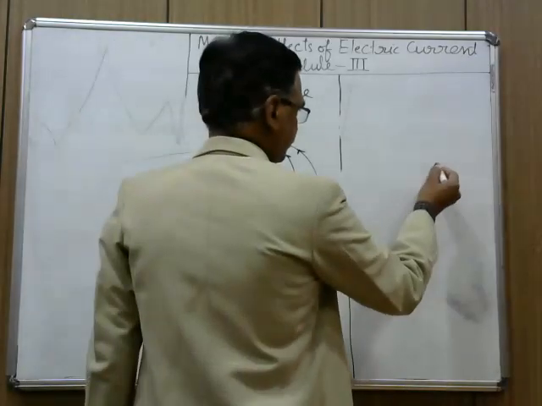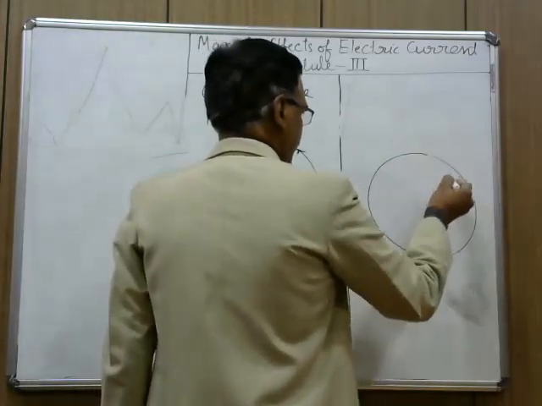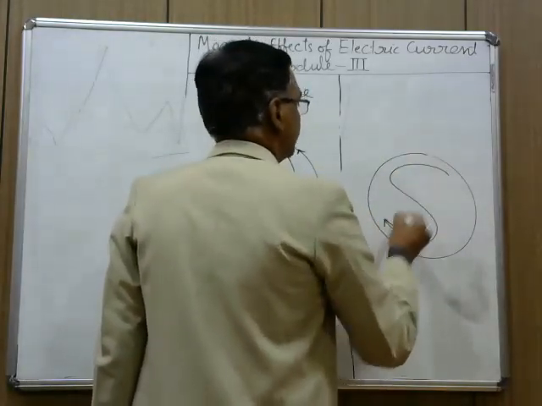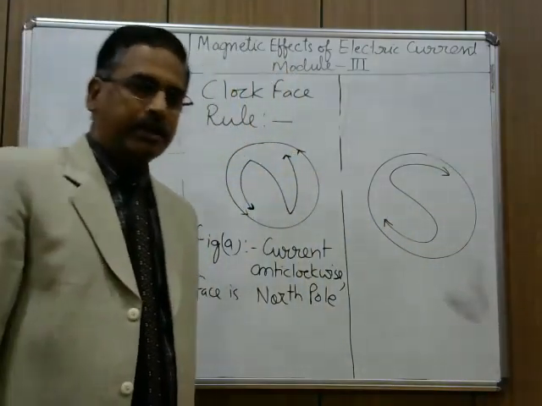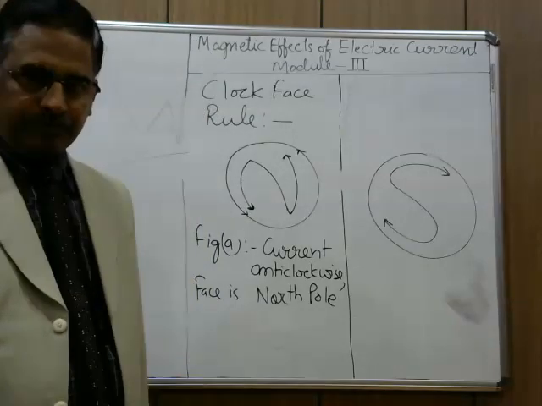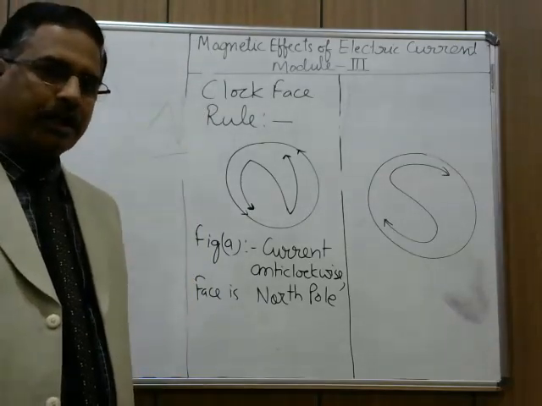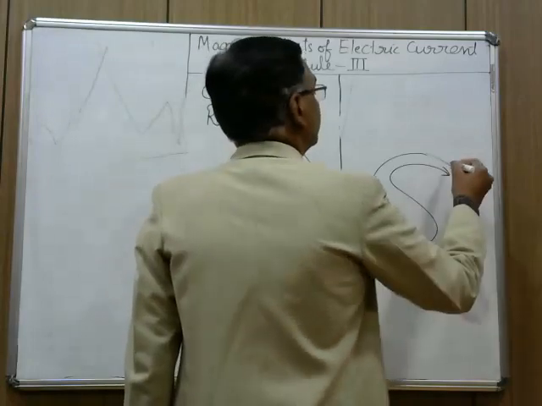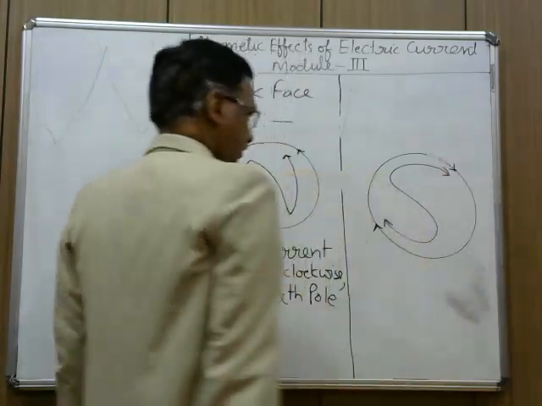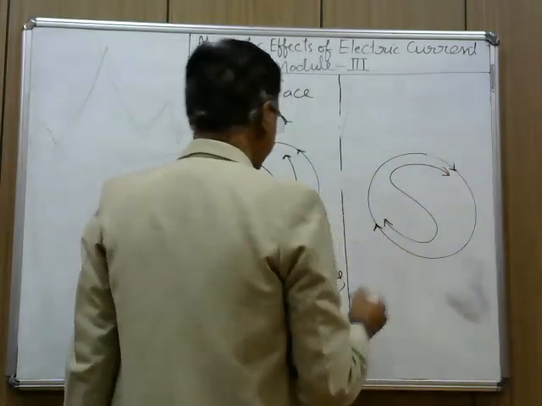Second, again at the end of the letter S I have kept the arrow. In the same direction you will put the arrow on the circular loop. Now you can see this is clockwise.